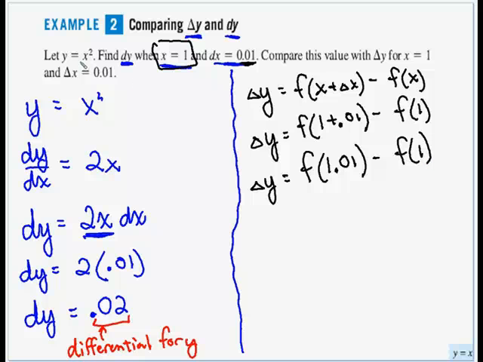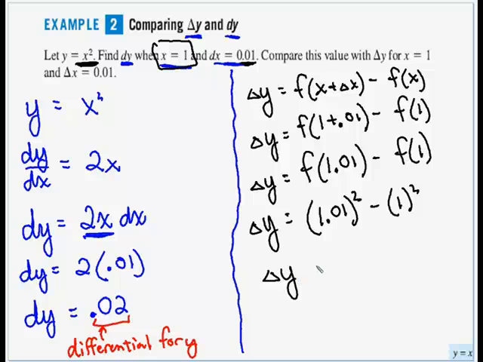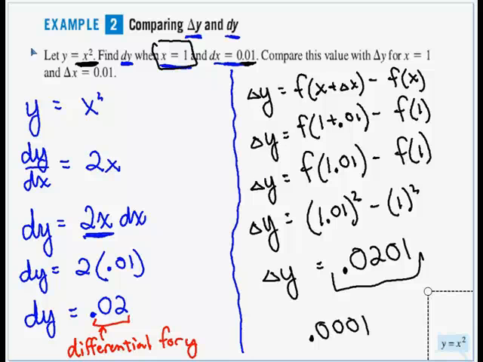And our function here was x squared. So it's just a simple squaring function. Delta y is going to equal 1.01 squared minus 1 squared. And if we punch that in the calculator, we get delta y is equal to 0.0201. And if we compare the two, 0.02 to 0.0201, we're pretty close. The difference between them is a 10,000th, 0.0001. We can see that they are pretty close. And let's look at this graphically.